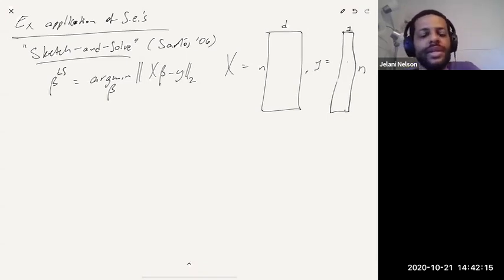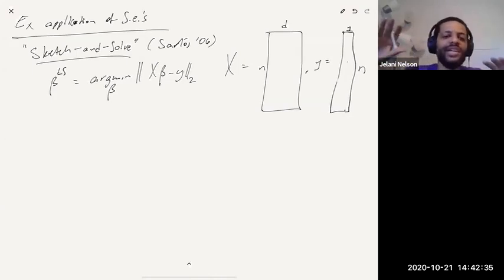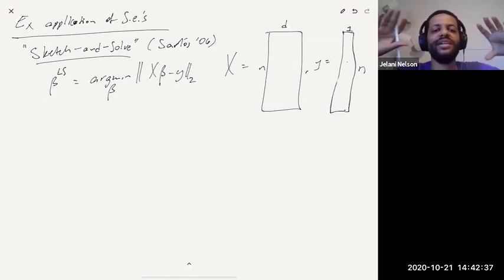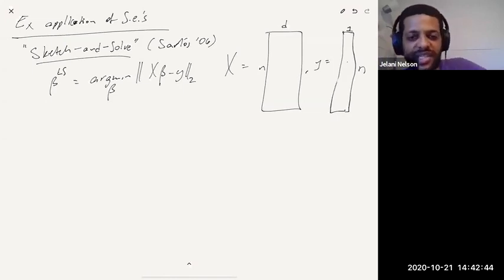Okay. So let's just think about it. The set of all X beta is the column space of X, which is a linear subspace of R^n. Now let's look at y. y is a vector in R^n, and you can decompose y into y perp plus y parallel: the part of y that lives in the column space of X, plus the part of y that's orthogonal to the subspace.